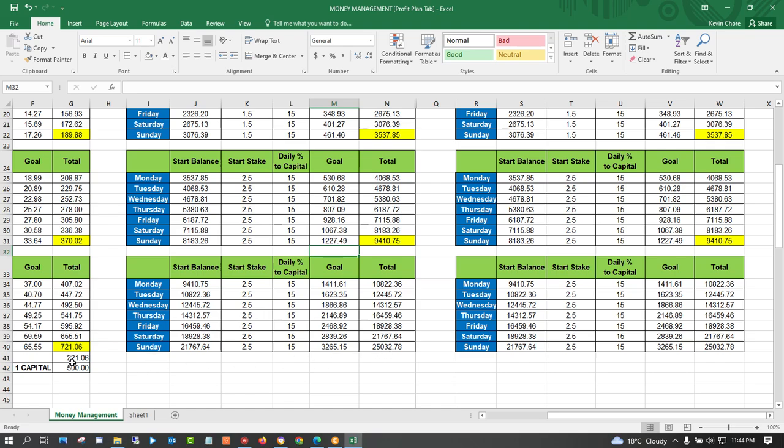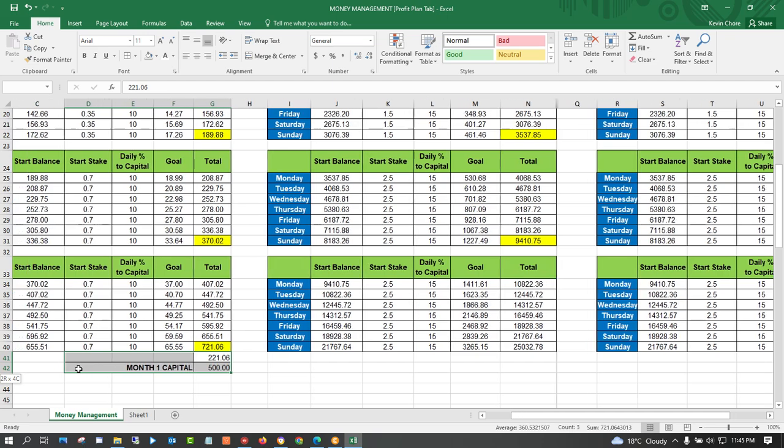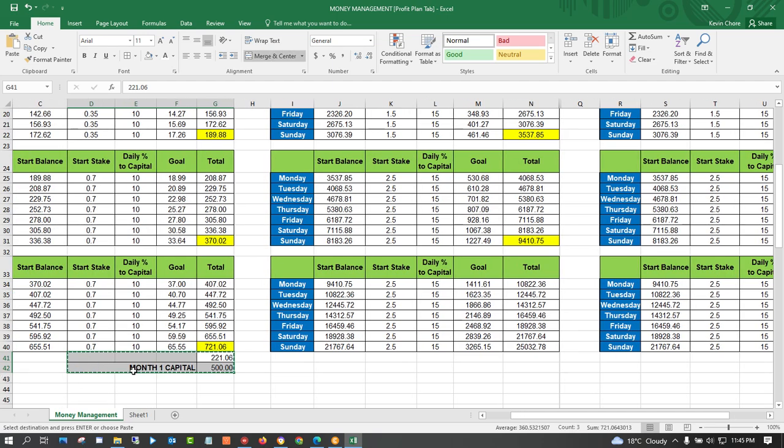So let's take, for example, copy and paste this one here. So from this amount, I just withdraw this 15%. Yeah, good. So I have 25,000 guys.